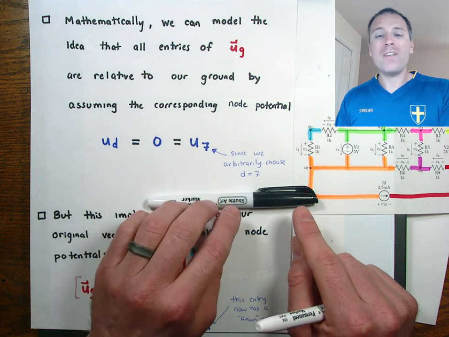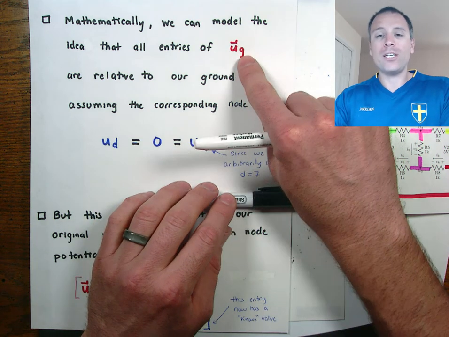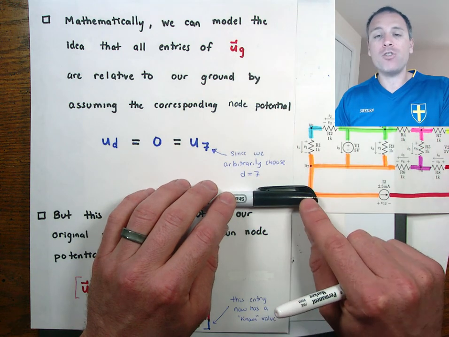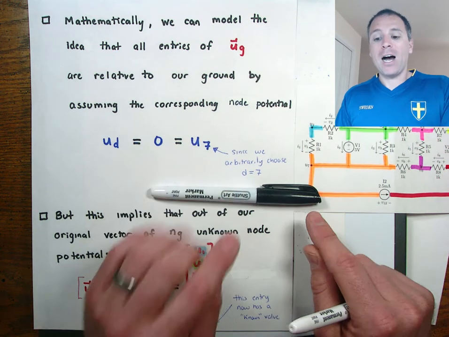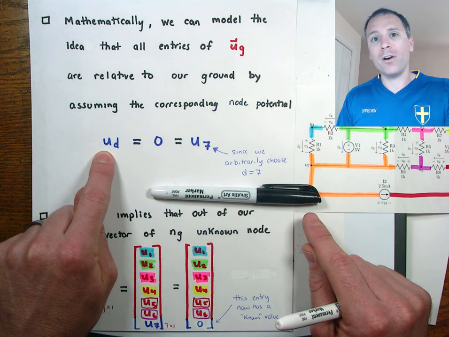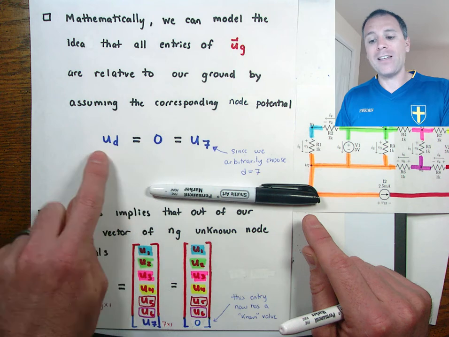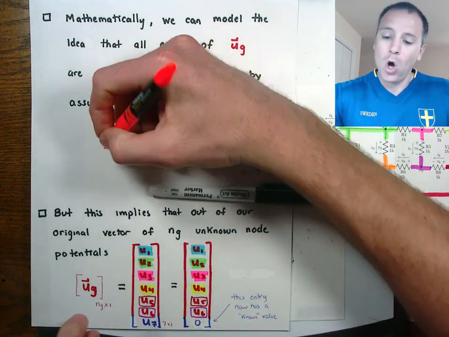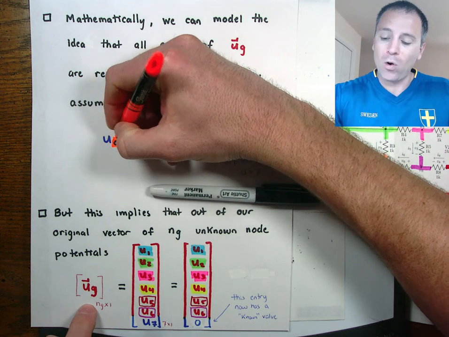Mathematically, we can model the idea that all entries of our node potential vector U sub G are made relative to our ground node by assuming that the associated node voltage potential variable is equal to 0. In this case, we said that the datum node we're going to choose is node 7. We'll highlight that in orange.